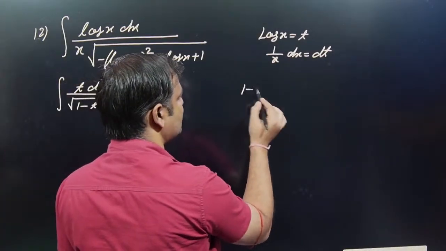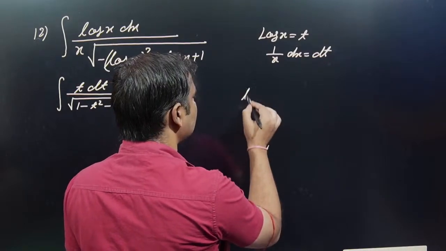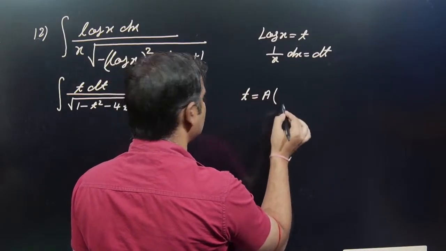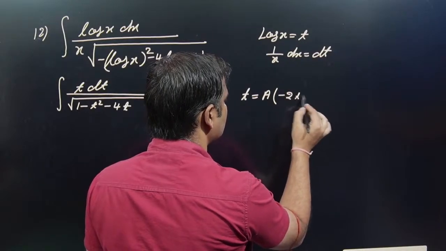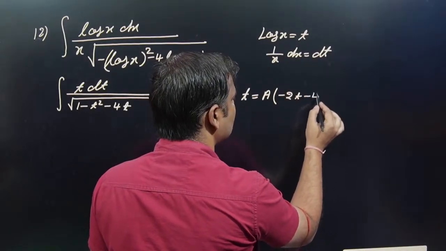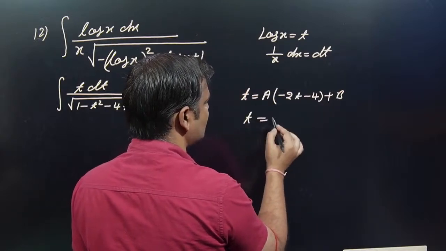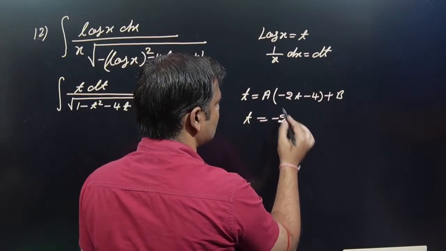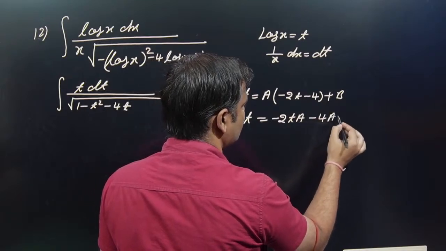So you can say that after that, look here very carefully, t is written as a into differentiation of the denominator, minus 2t minus 4, plus b. So t is minus 2t into a minus 4a plus b.